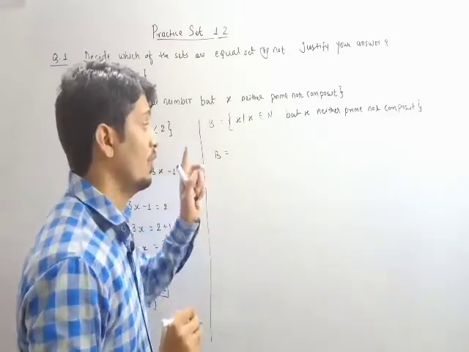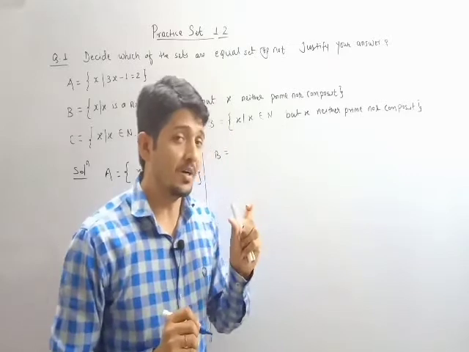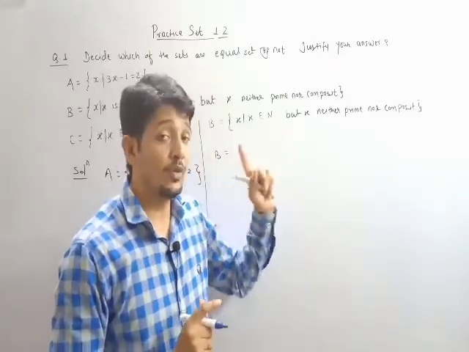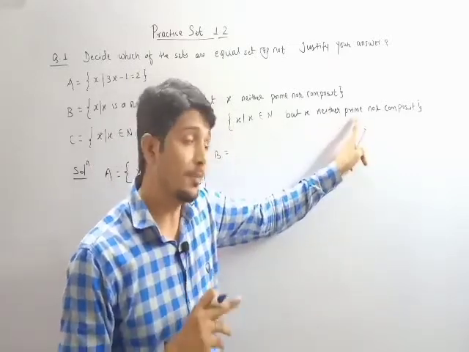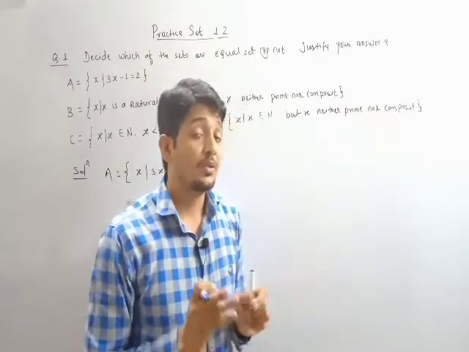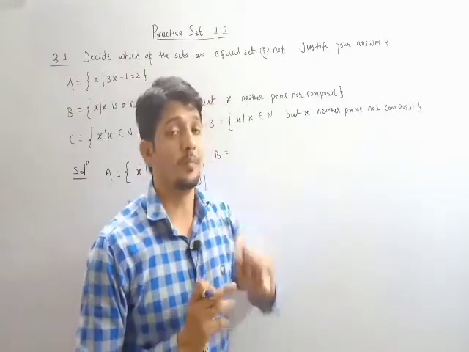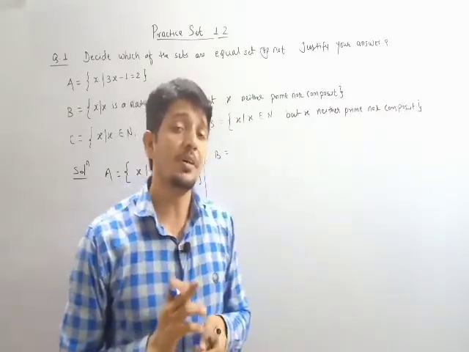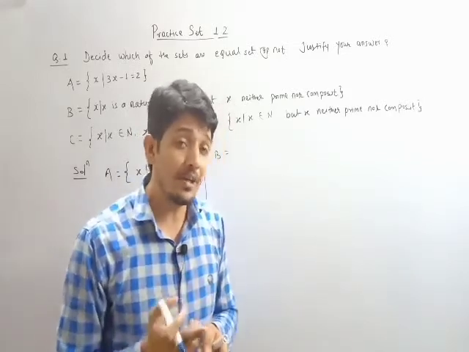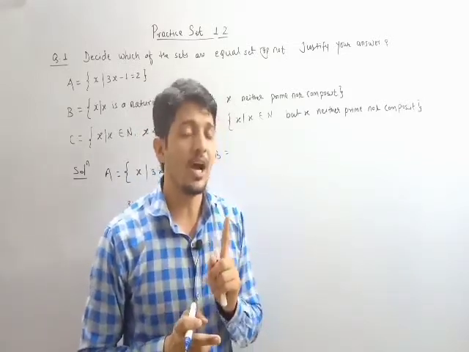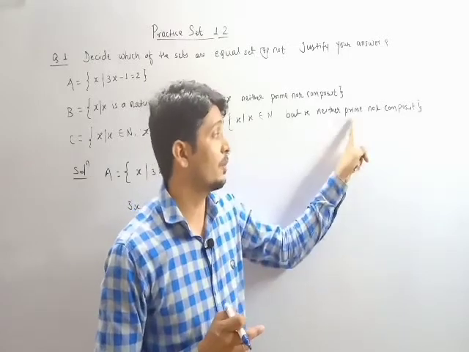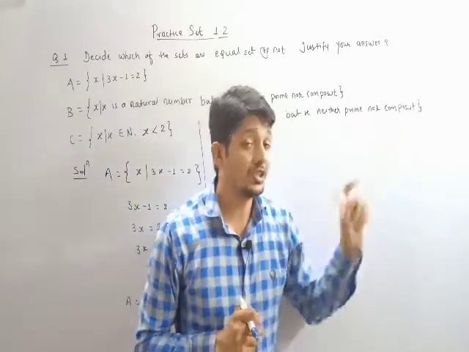Now we have to identify which number belongs to natural number as well as which number is neither prime nor composite. So what is prime number now? Those numbers which are divisible by themselves and one only, such numbers are called as prime number. And what are composite numbers?